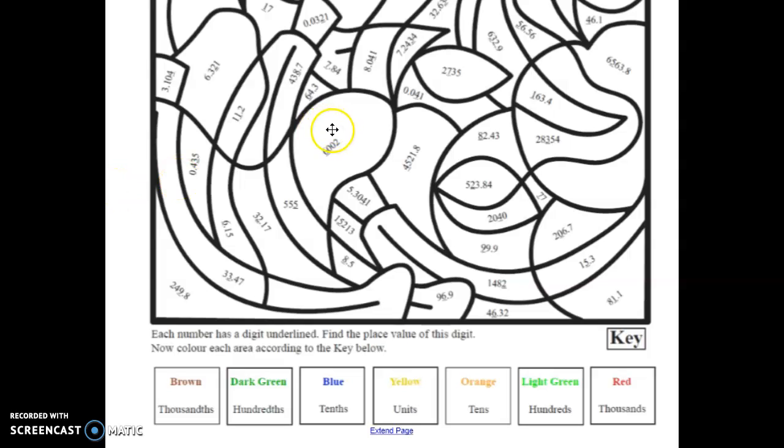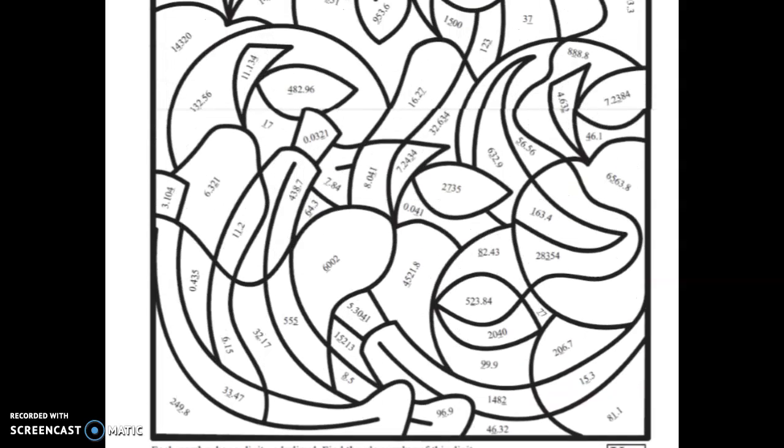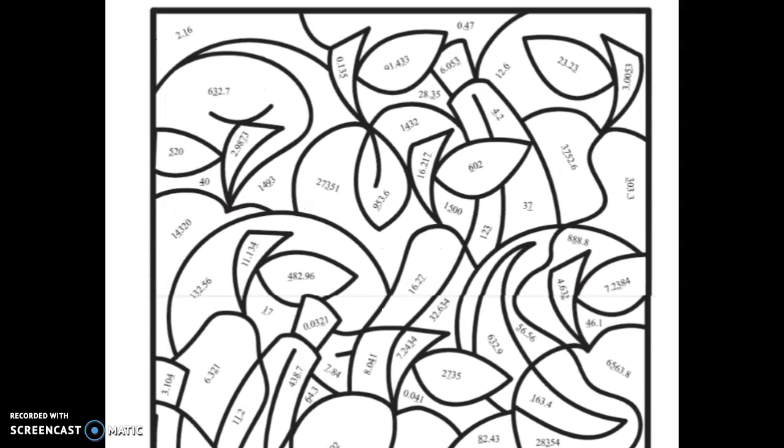For example, in this number, 6002, the number 6 has been underlined. I know that that is in the thousands column. So reading the instructions at the bottom, that needs to be coloured red. If you want to, have a go at colouring that in using the key at the bottom and upload your finished picture onto the classroom.